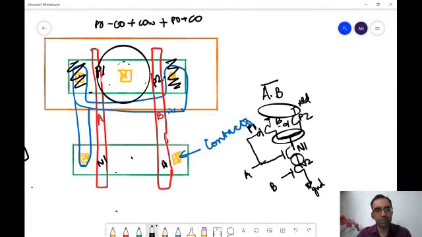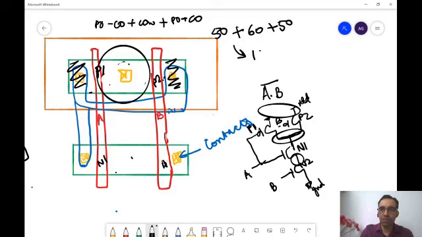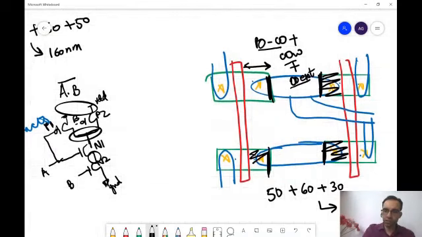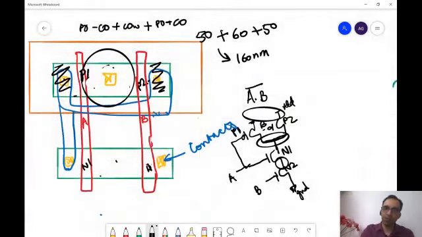Are you able to see this? Yes, sir. Let's put the numbers now. 50 plus 60 plus 50. How much did it come? 160 nanometer. So effectively how much was the width there? 140 over here, 140 over here. The effective width over there was 280. Over here we are talking about 160.